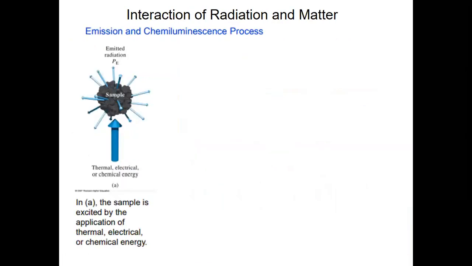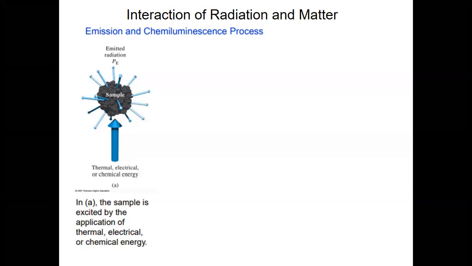Those are some examples of the wave nature of electromagnetic radiation: diffraction, reflection, polarization, scattering, all these can happen as a wave.